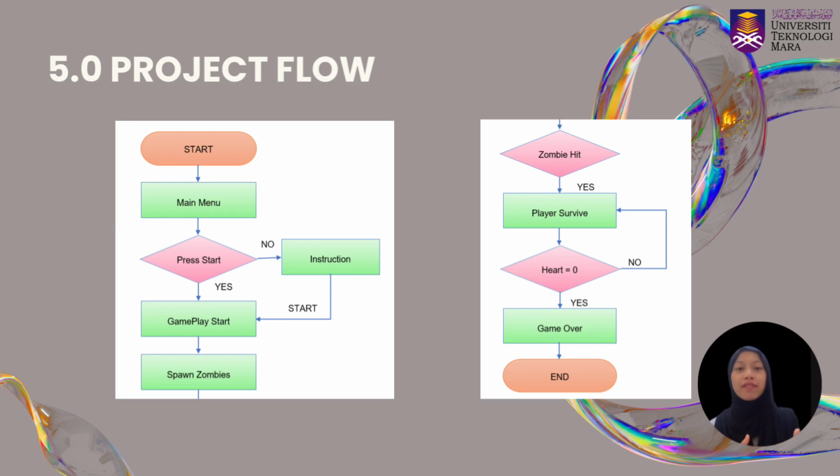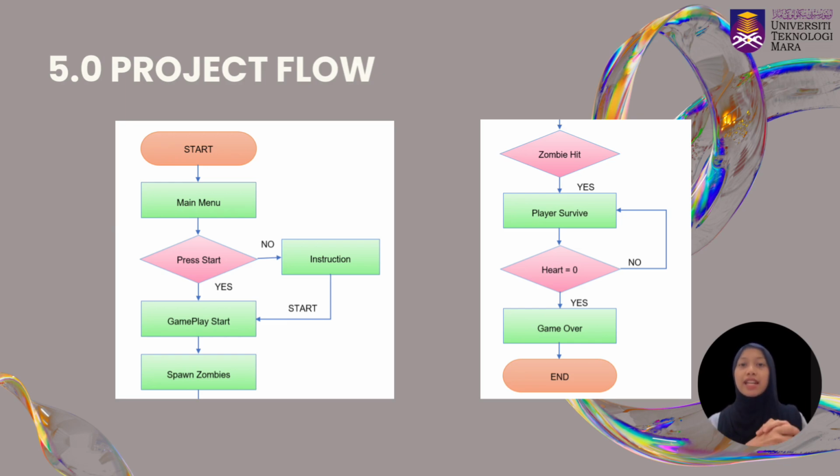For the player survive and heart check, if the zombie hits the player, the player's heart will be reduced. The game then checks whether the player still has remaining hearts. If the heart is not 0, the player continues surviving and the gameplay loop repeats.